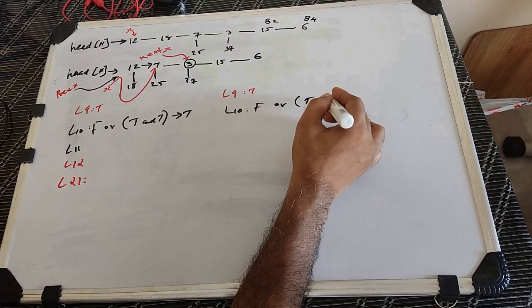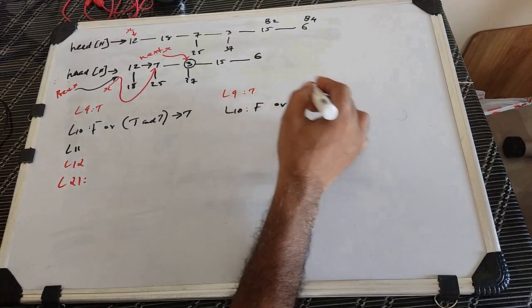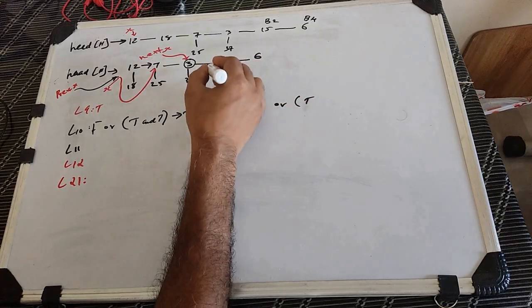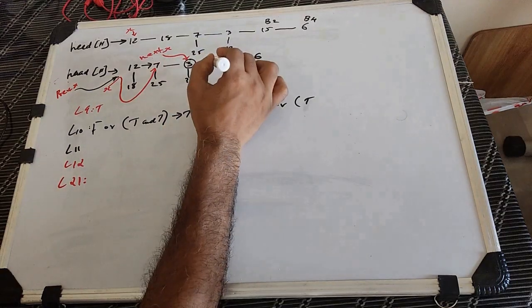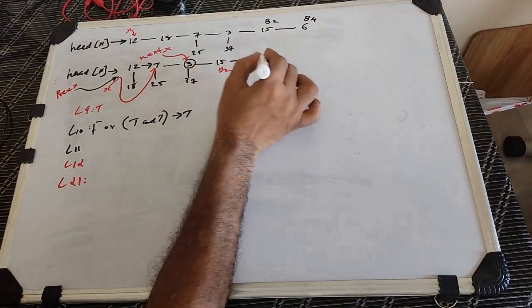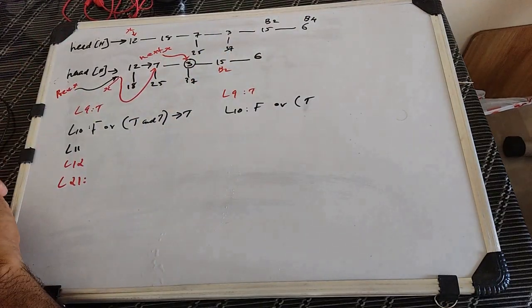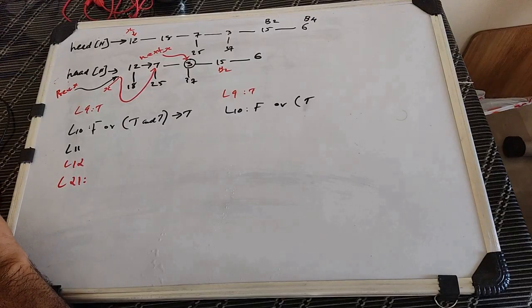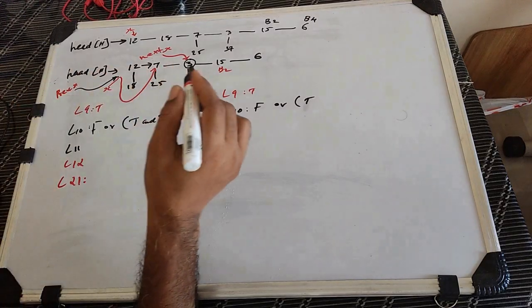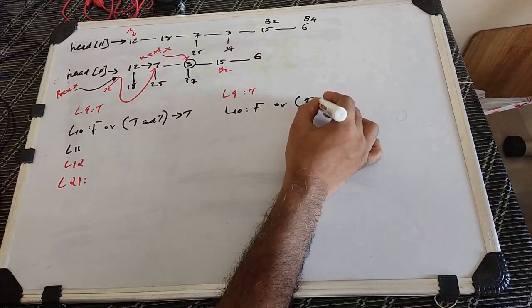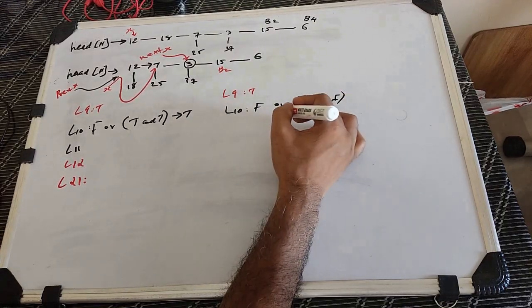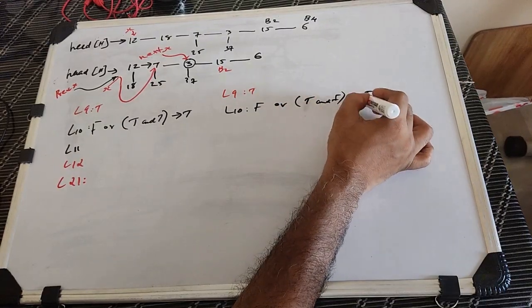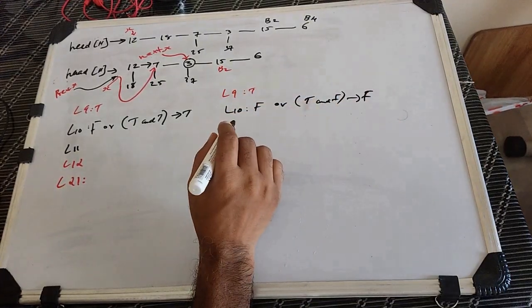And degree of sibling of next x: sibling of next x is 15. It is B2, and so its degree is 2. Degree of x is 1. True and false. So line number 10 is false.